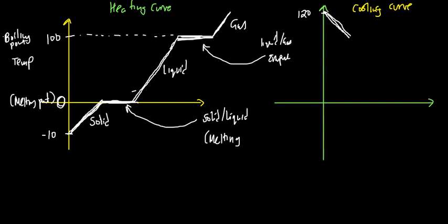When you reach 100 degrees, the temperature will stop reducing anymore. So at this point, you are changing this gas into a liquid. After all the gas has changed into a liquid, the temperature will continue to drop.